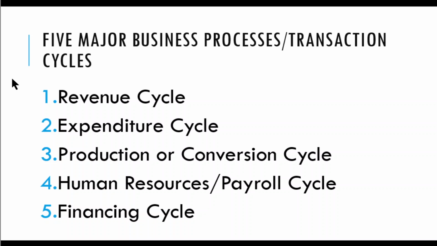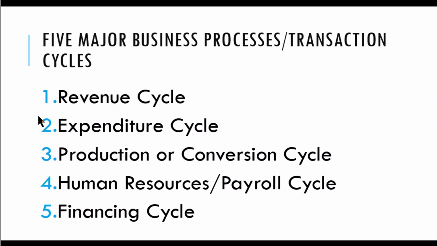So the several transactions are combined into a cycle, and that will be part of the audit structures. How do you target your audit? It depends on the cycle that you are focusing on.